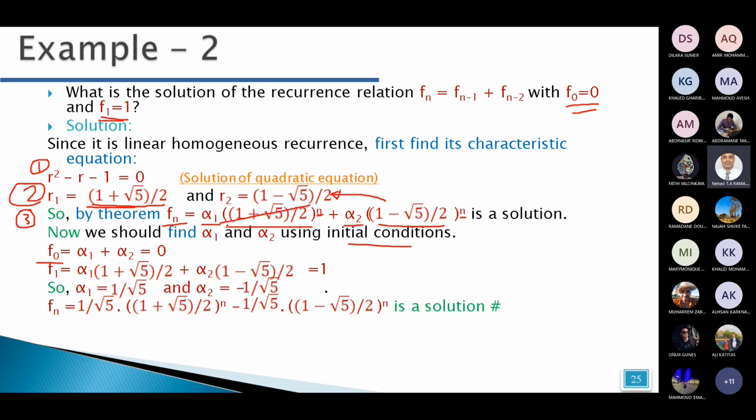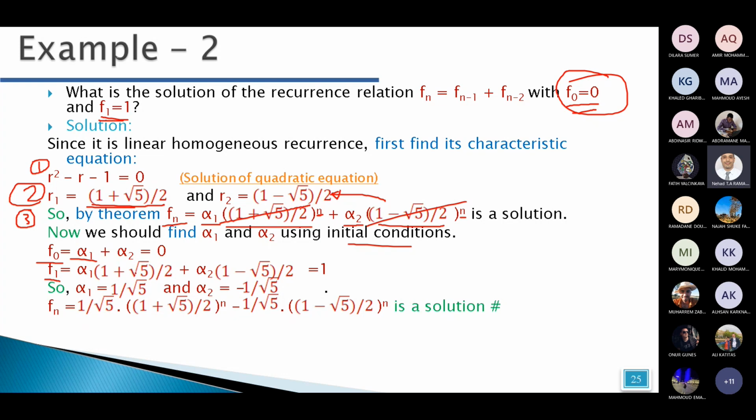So 1 multiplied by alpha 1 is alpha 1, plus anything to power 0 becomes 1, so plus alpha 2, equals 0, because f0 equals 0.